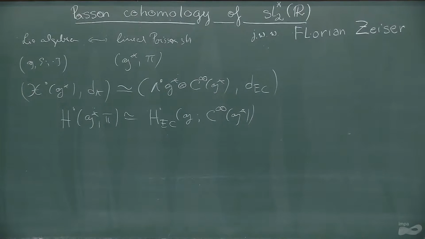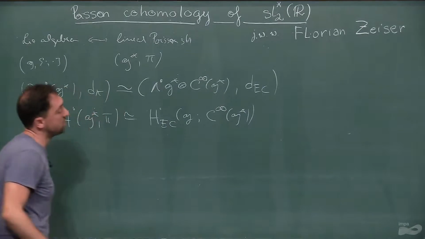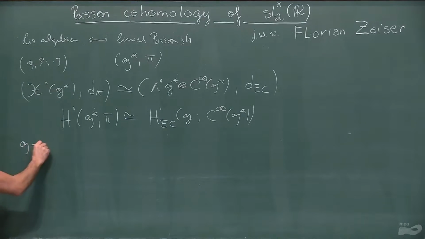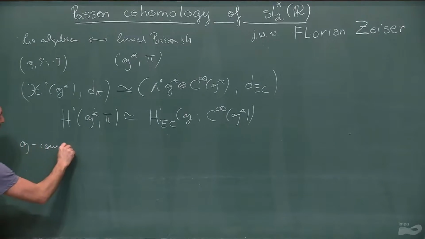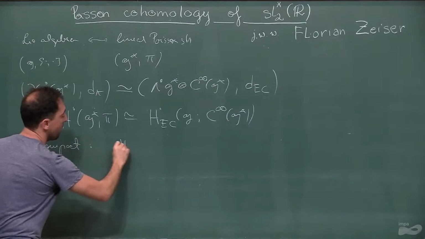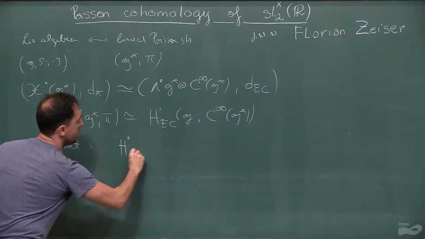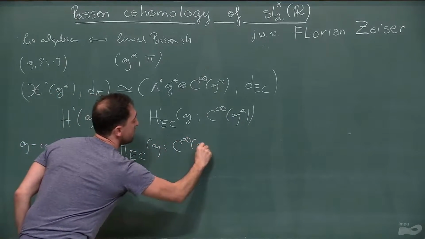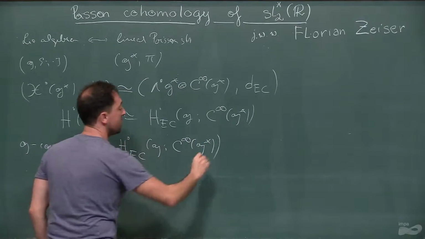And for compact Lie algebras, this can be understood better. So if g is a compact Lie algebra, then the Eilenberg-Chevalley cohomology of g with values in C infinity of g star is isomorphic to the following.